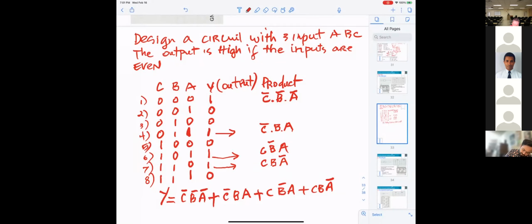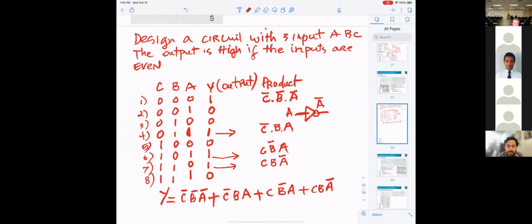And now after you get an equation here, they need to implement it. That means you have to draw the circuitry. I'll give you a simple thing. If you get not A, not B, not C, then you can see this will be A. You got not A, you add an inverter.